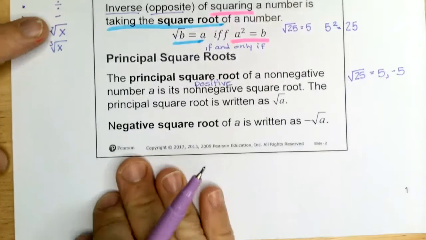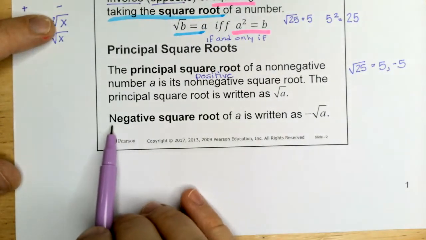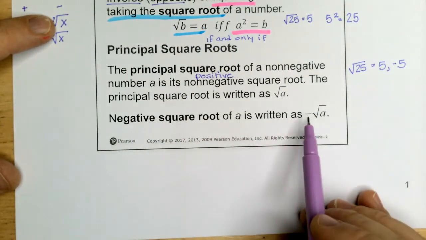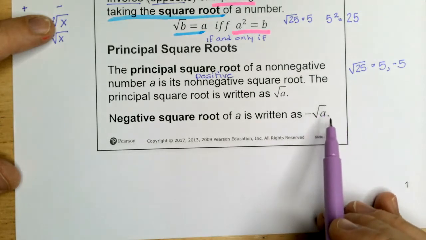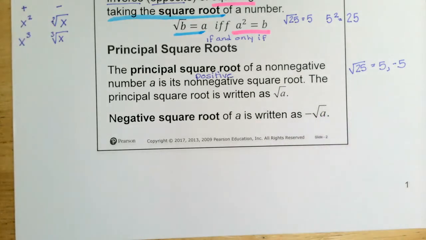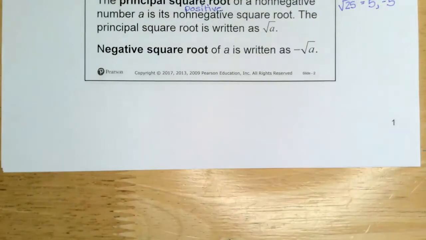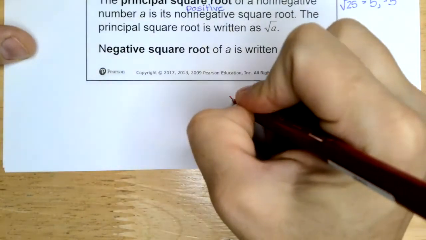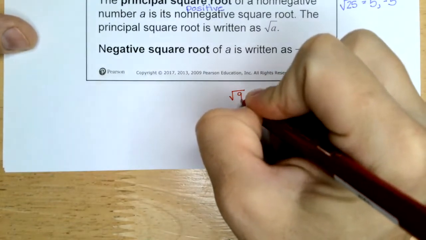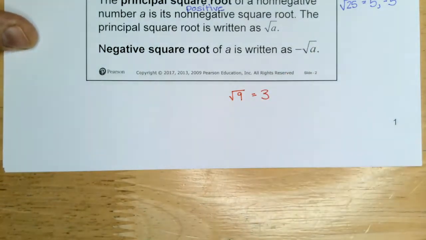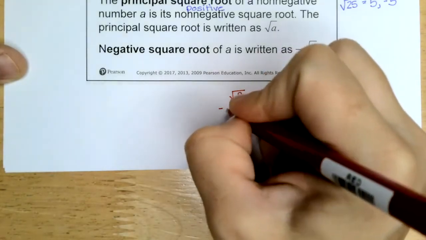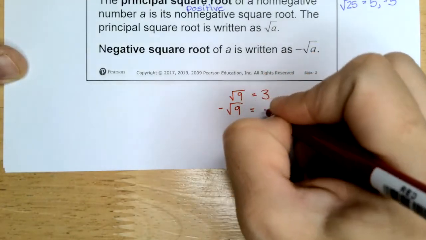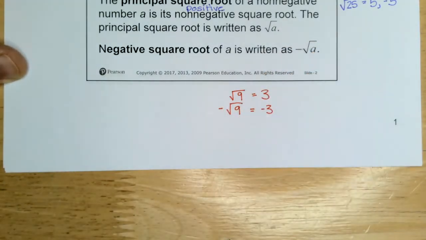Okay, so if you were taking the negative square root of a, you would put the negative out in front of the square root symbol. So just to be clear, let's not do 25. We've done that. The square root of 9 is 3, right? Negative square root of 9 is negative 3.